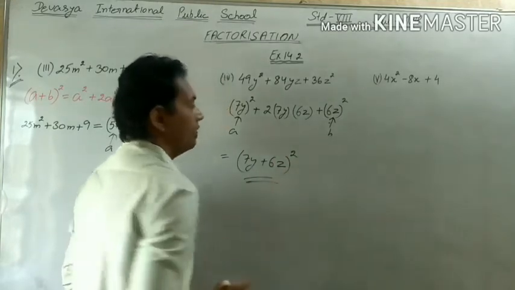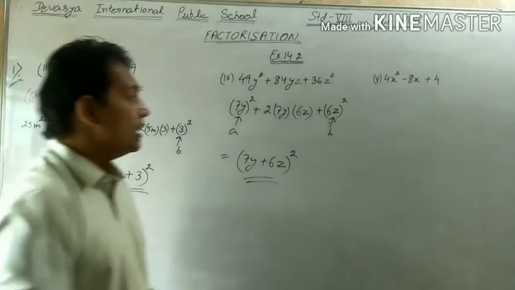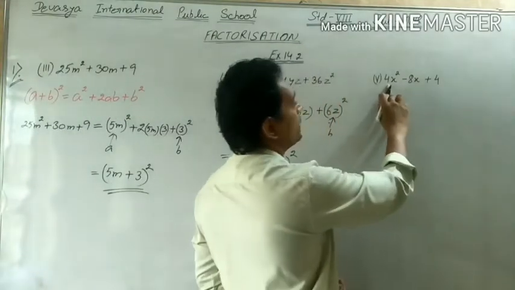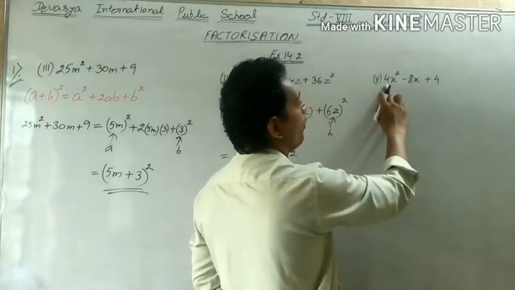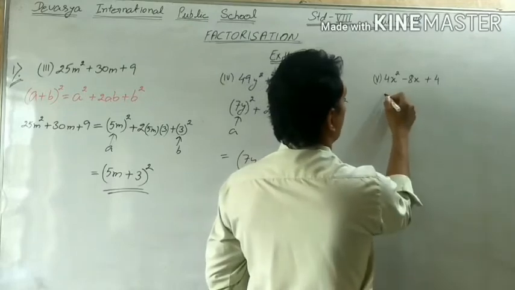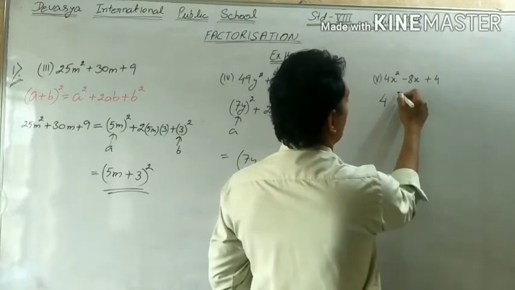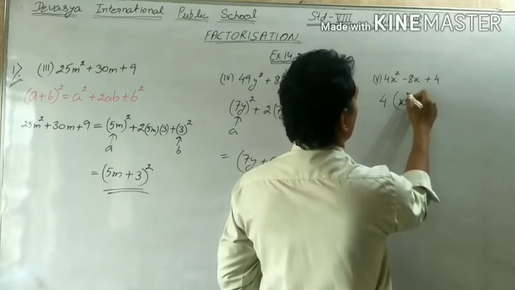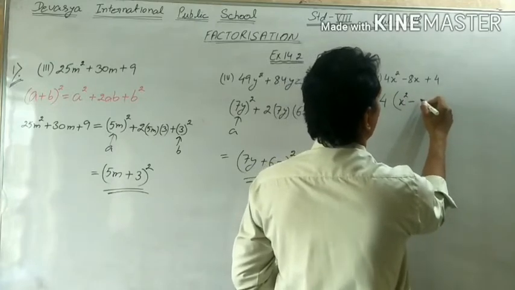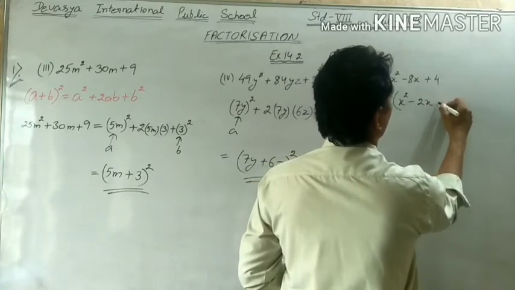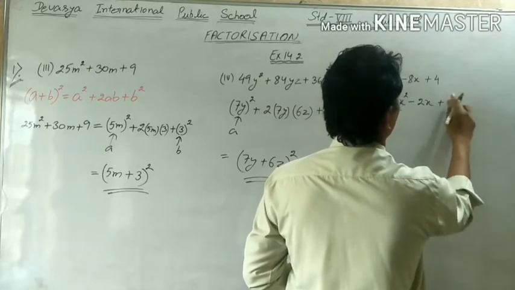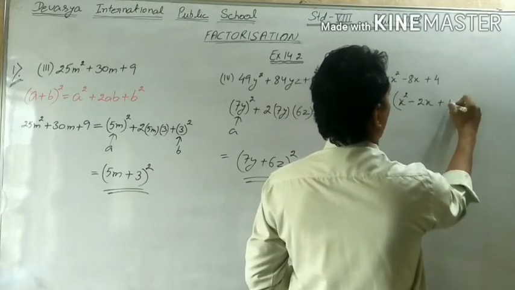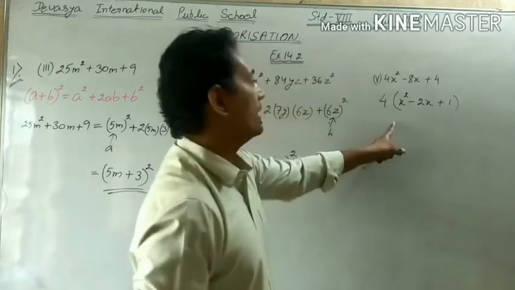This is your factorization. Last term, here, as you can see in this expression, you can take 4 as common. Okay, so I am taking 4 as common. The rest of the expression is x square minus 2x plus 1. So we need to factorize this.